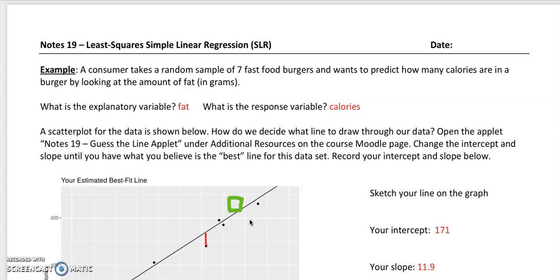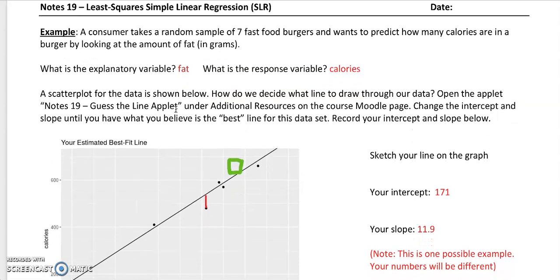We can have an explanatory variable, one that explains changes in the other variable, and we can have a response variable, one that responds to those changes. For this example, since we're trying to predict the number of calories, that would be our response. That's the thing that we're hoping responds to changes in the amount of fat. Fat is going to help us explain the calories in the burger.